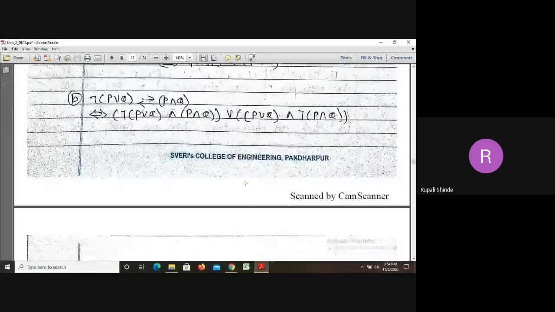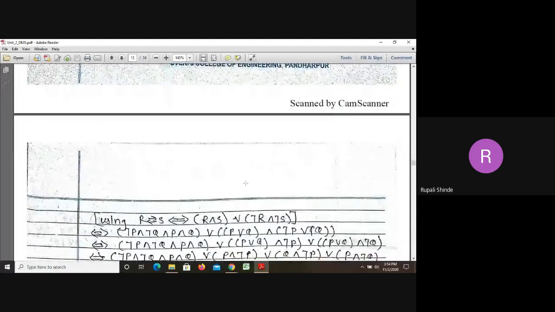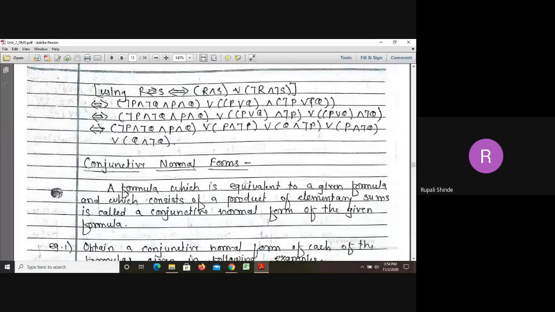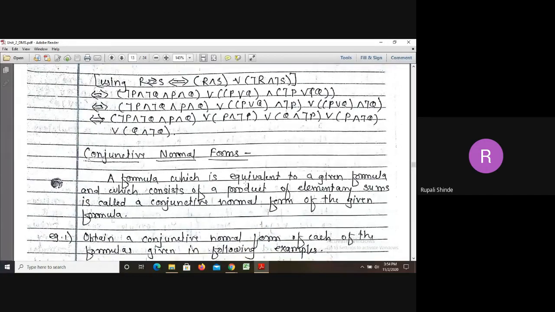Likewise, we have to see what is CNF. CNF is conjunctive normal form. What is the definition for CNF? A formula which is equivalent to the given formula and consists of a product of elementary sums is called CNF.